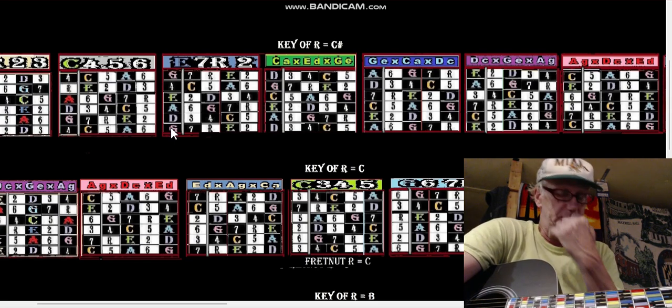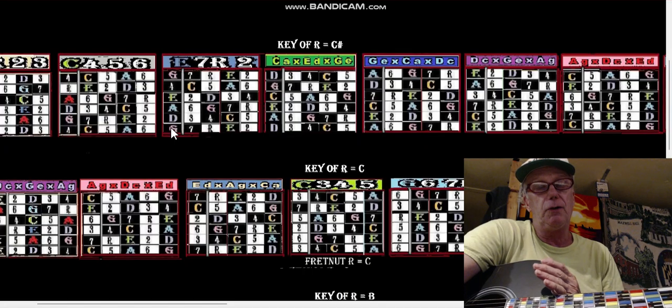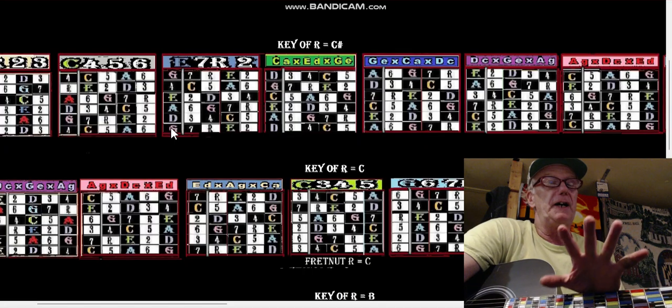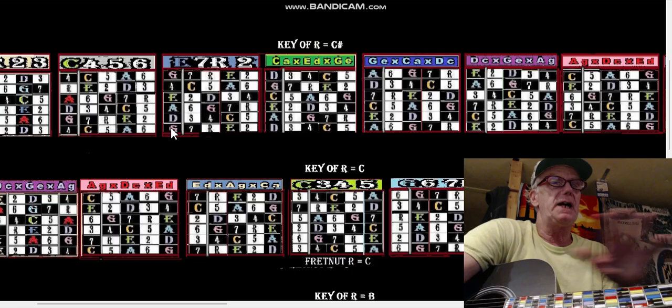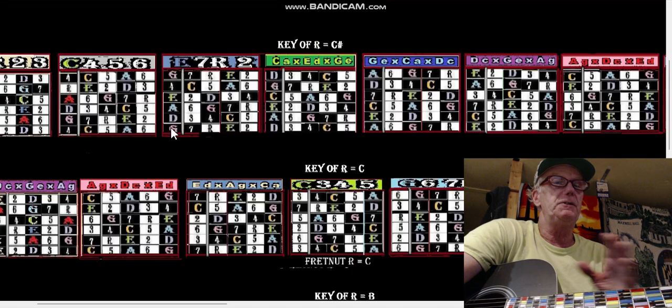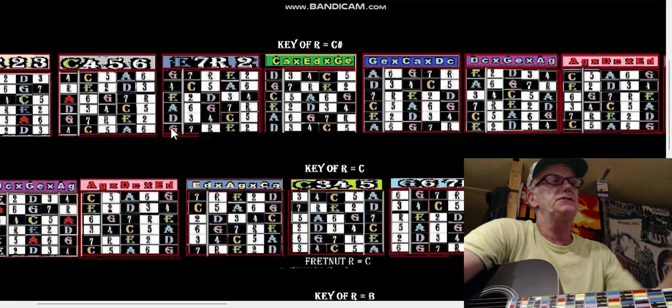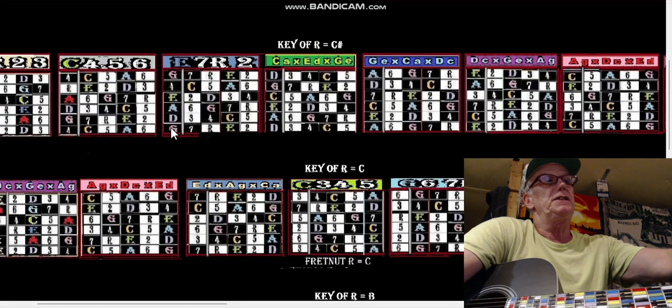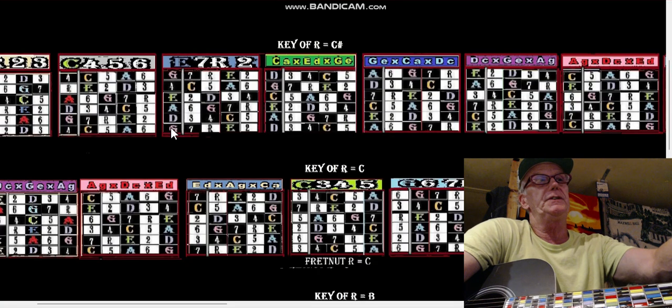We're going to learn an easy way to find out what the other five missing keys are when we have the seven modes of the scale. For instance, C is the third of A flat, the second of B flat.